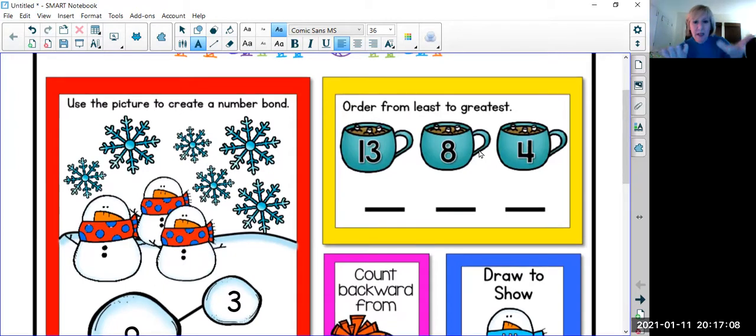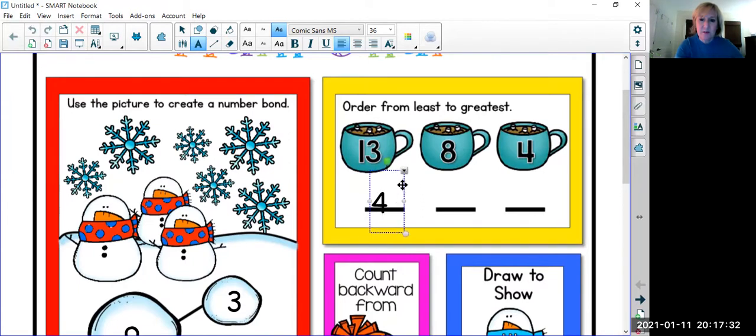Count with me, okay? 1, 2, 3, 4. Hey, is that one of our hot chocolate numbers? It is. So we came to 4 first, so that means it is one of our smaller numbers. So it's probably the least. So I'm going to put 4 there. Can you write 4 in that blank?